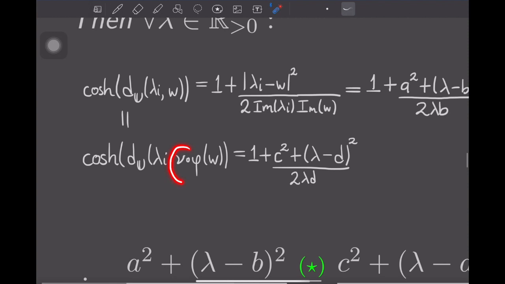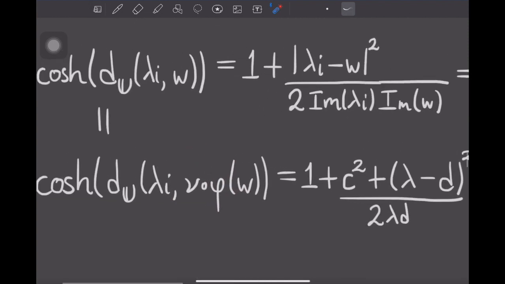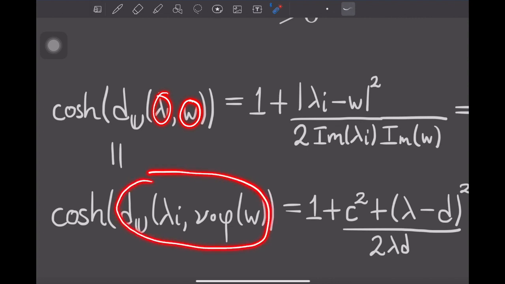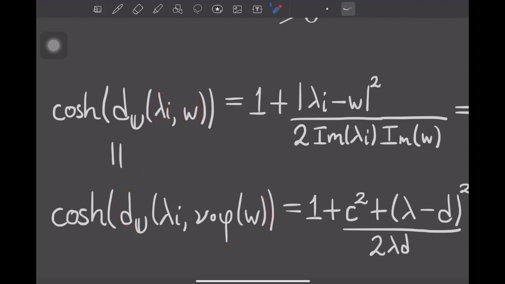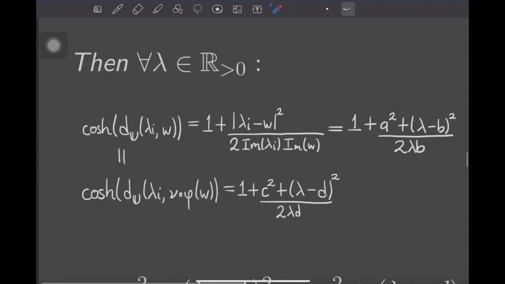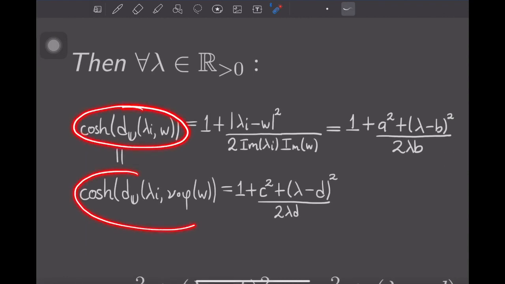So if I take these two points and apply nu preceded by phi to each of them, the hyperbolic distance between them doesn't change. But nu o phi fixes this point and sends this point to this one. So this distance is equal to the distance between the images, so this hyperbolic cosine is equal to this hyperbolic cosine.